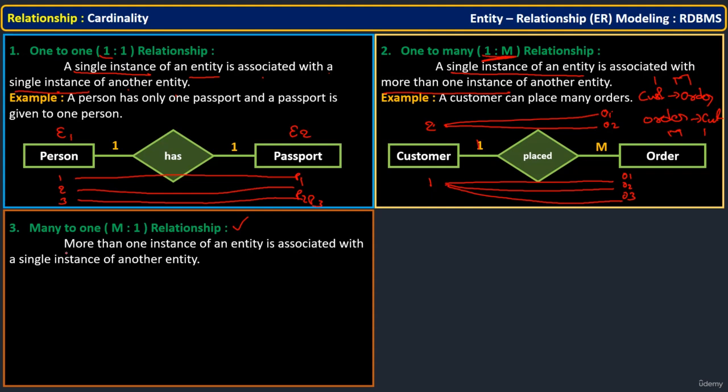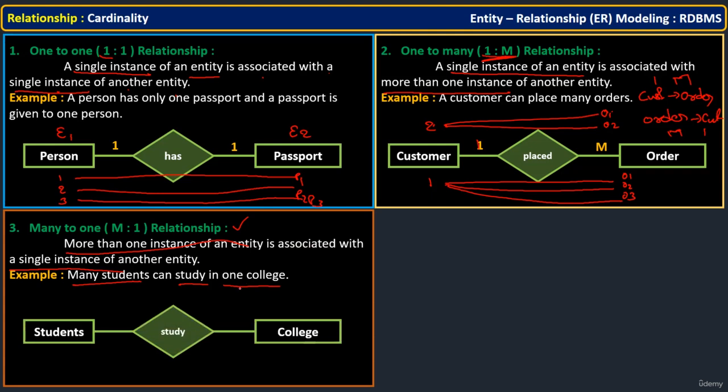More than one instance of an entity is associated with a single instance. For example, many students can study in one college. Student one, student two, student three are studying in college one, and student four, student five, student six are studying in college two.